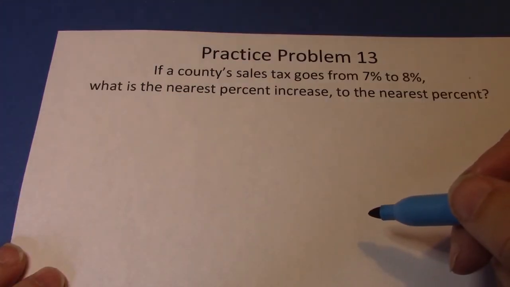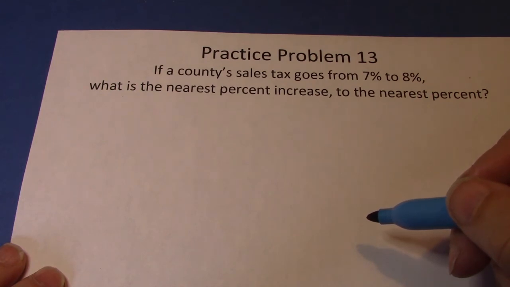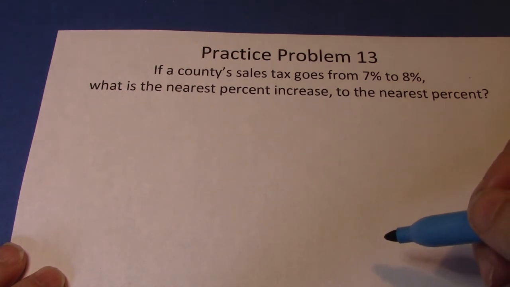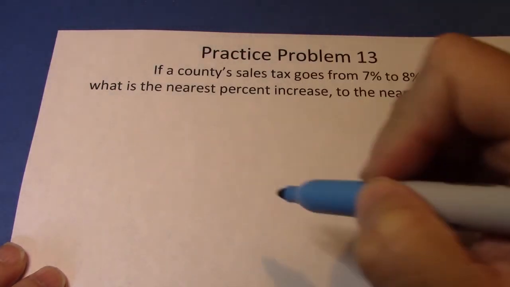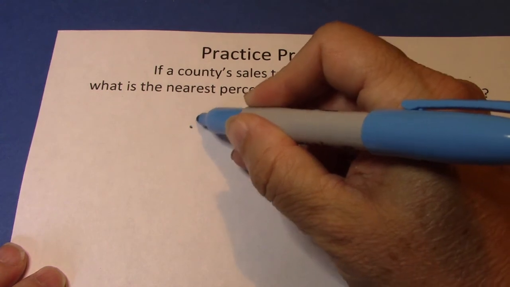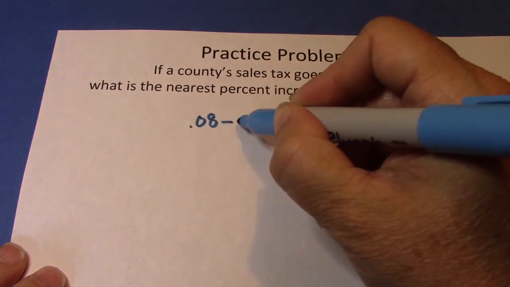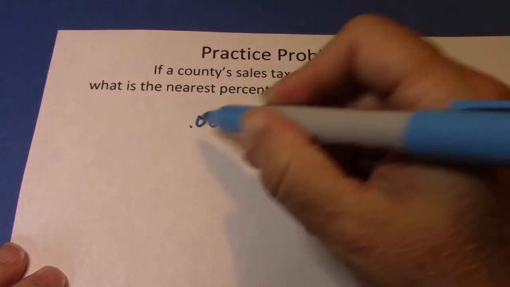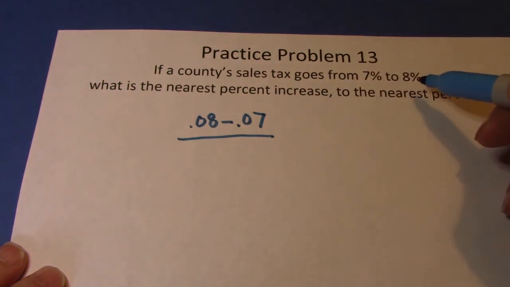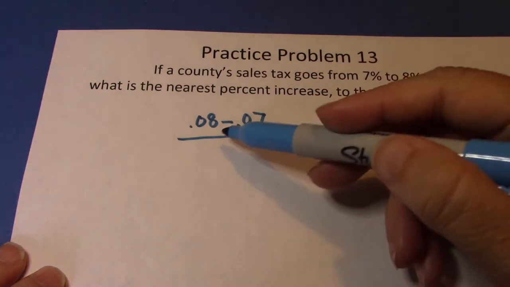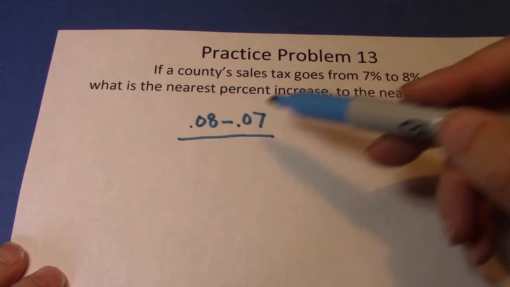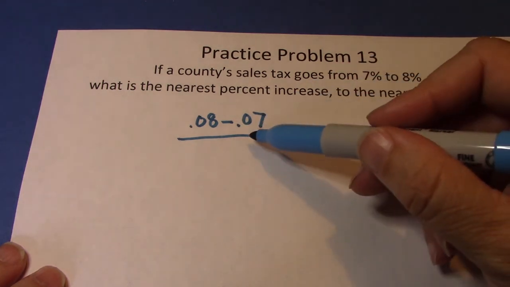Problem 13. If a county's sales tax goes from 7% to 8%, what is the percent increase to the nearest percent? So again, change over original. That means we're going to take the new sales tax minus the old one. And what I've done is I've taken 8% and converted it to a decimal, 0.08, and the same with 7%, 0.07.